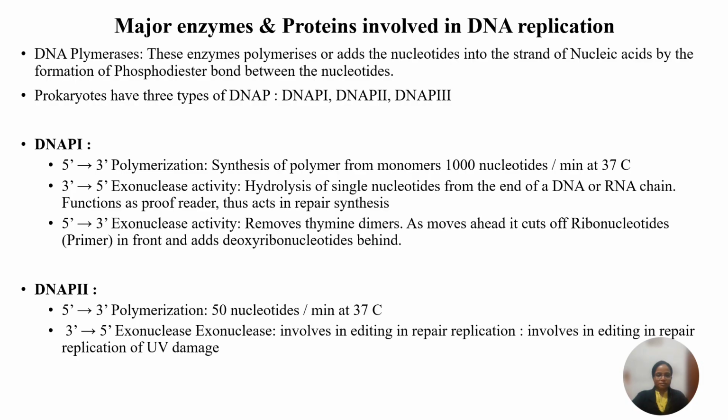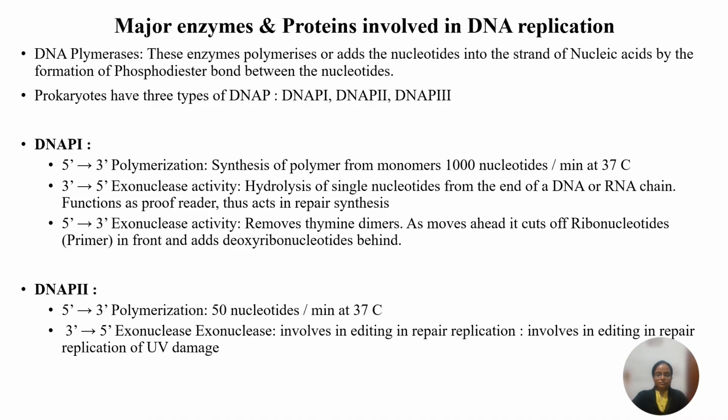Now let's quickly discuss some of the major enzymes and proteins involved in the DNA replication process. One of the main replicative enzymes is the DNA polymerase enzyme. As the term itself explains, polymerases are enzymes which polymerize, or add nucleotides together, into a new strand of nucleic acid, or a new strand of DNA.